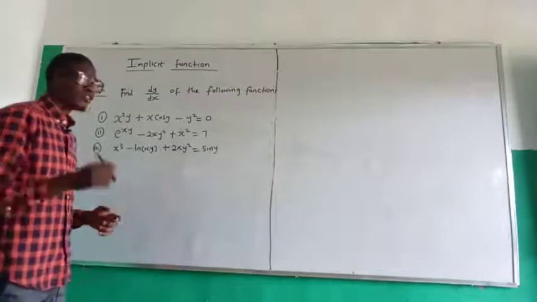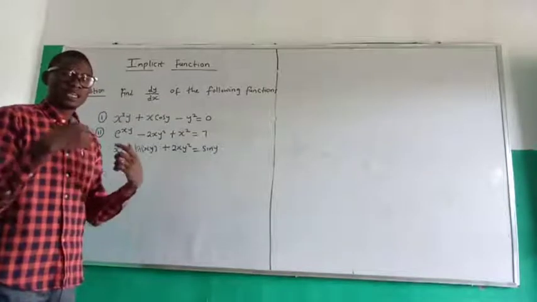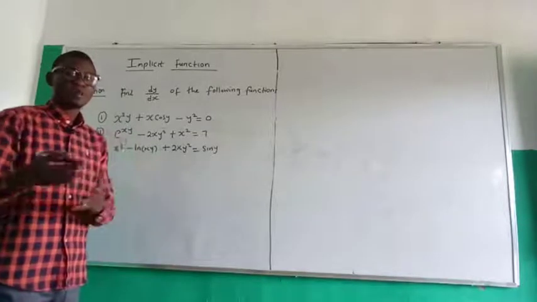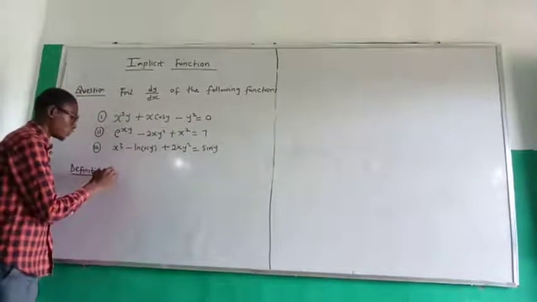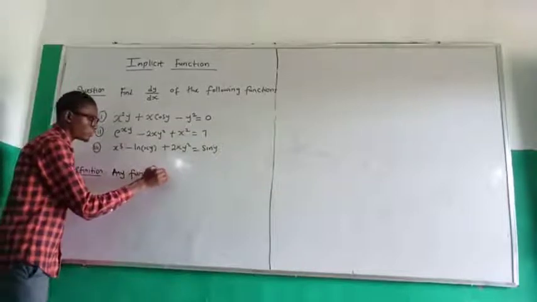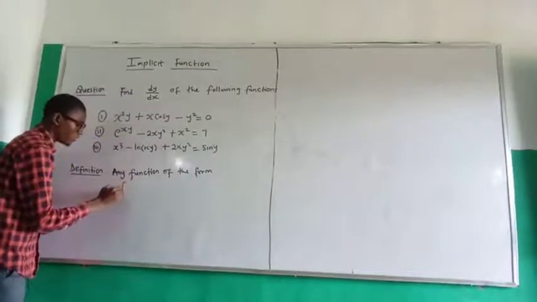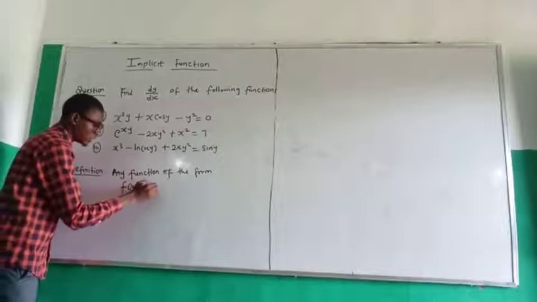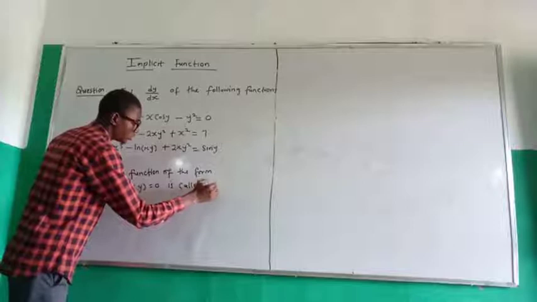Okay. Now the first thing you have to understand is the definition of implicit function. That is, when you are given any function, how do you separate implicit function from explicit function? The definition is any function of the form f of x, y is equal to 0 is called implicit function.